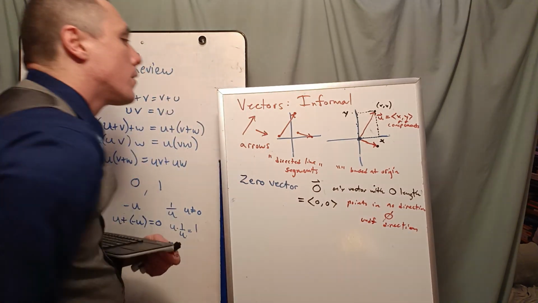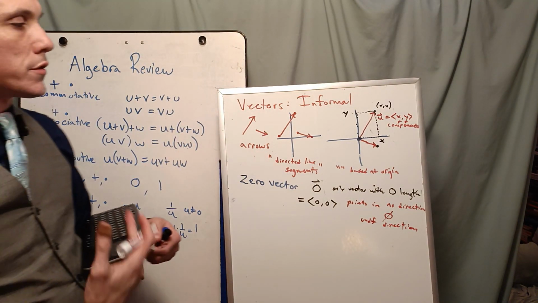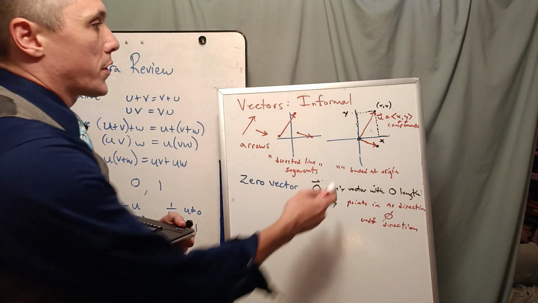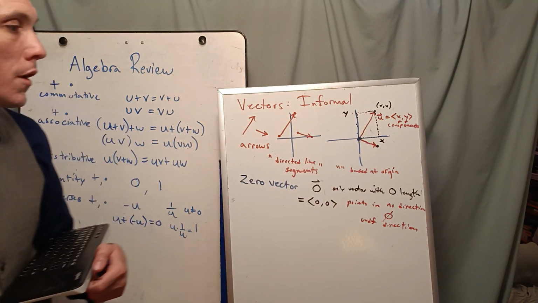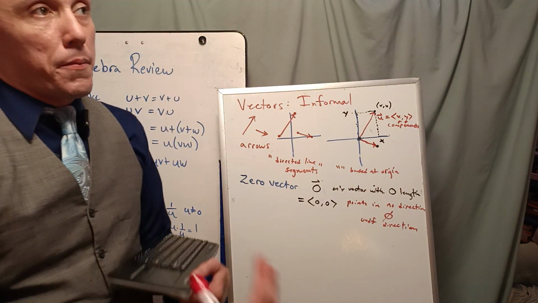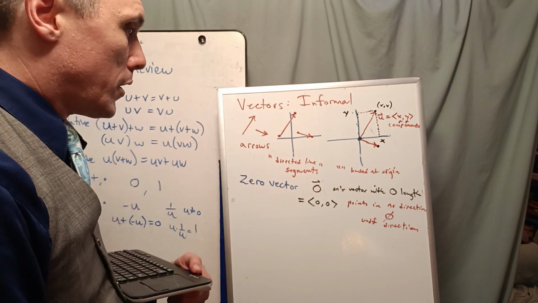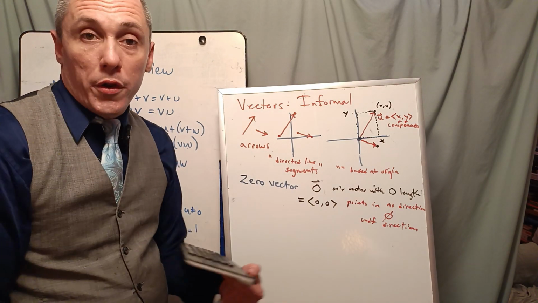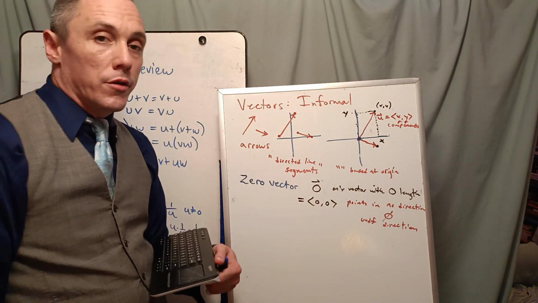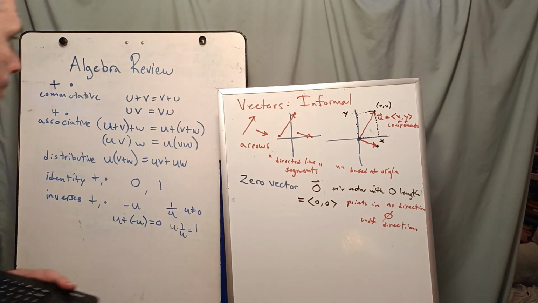Another way of saying that, right? It points in no direction, or its direction is undefined, right? It simply is this point. But still, when we come to talk about how we're going to add vectors together, what it means for two vectors to be the same, equal to one another, or different from one another, understanding the 0 vector is going to be really important.